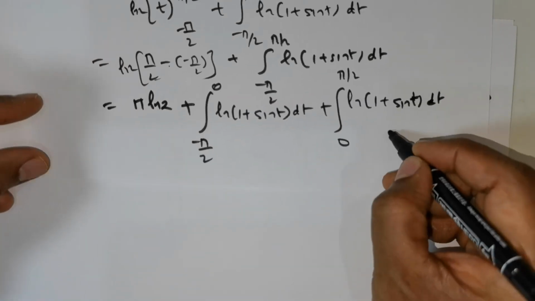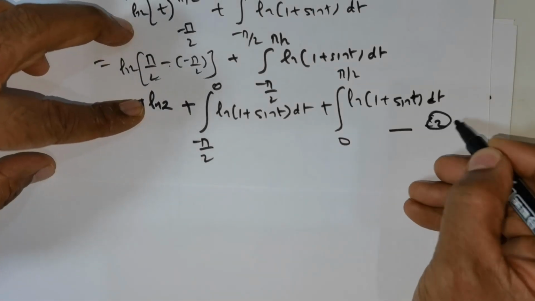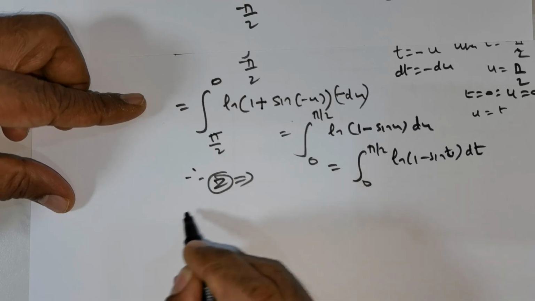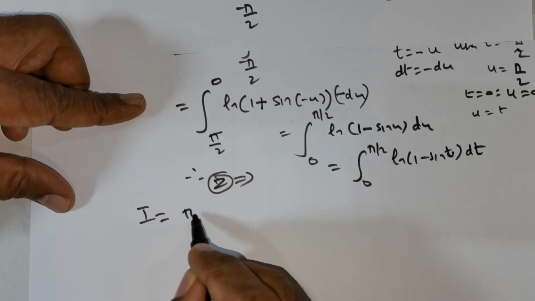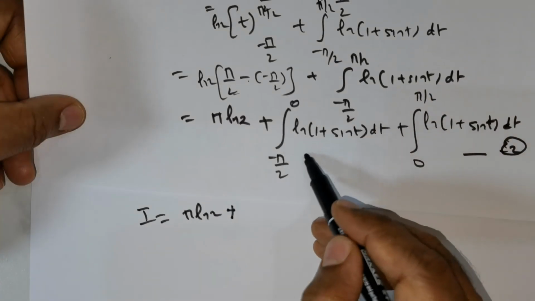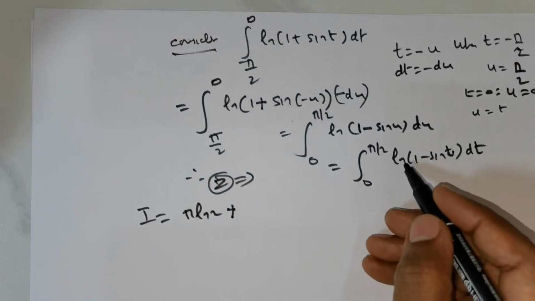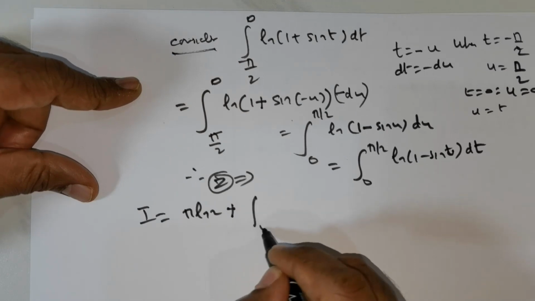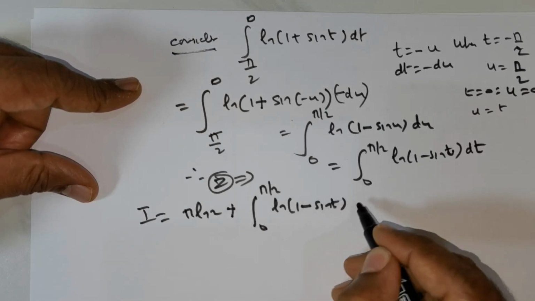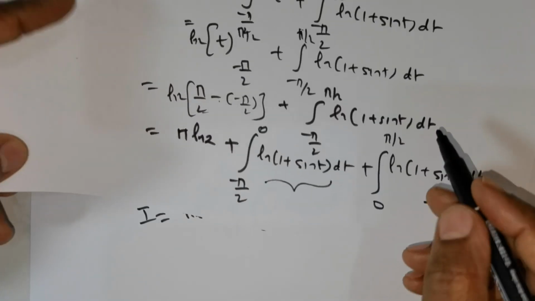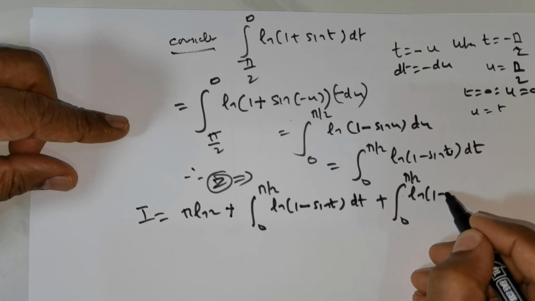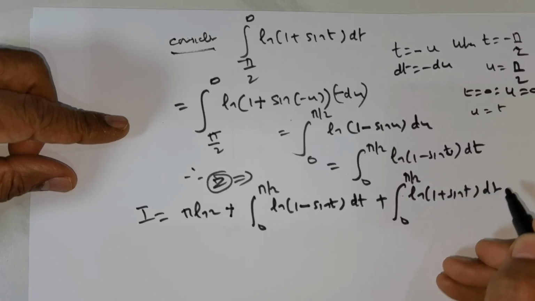So if I take this as 2, then I, on the left-hand side, can be rewritten as pi times ln 2 plus, in place of this, I'm going to place this: the integral from 0 to pi over 2 of ln of 1 minus sine t dt, followed by the integral from 0 to pi over 2 of ln of 1 plus sine t dt.